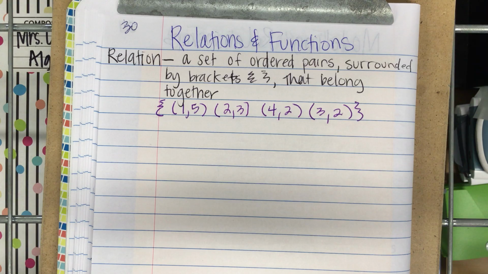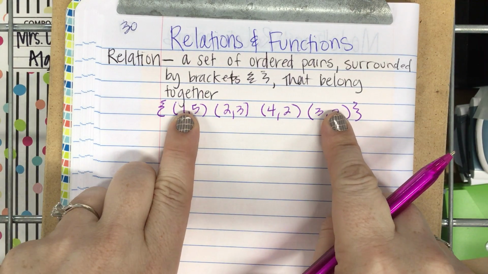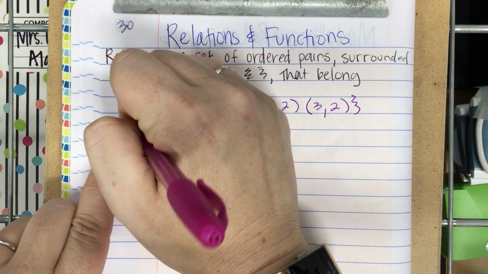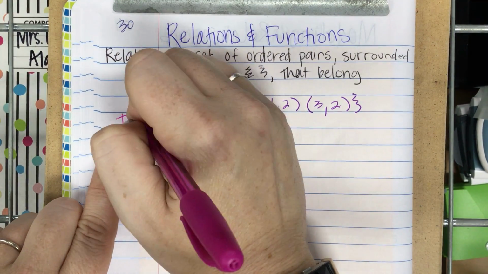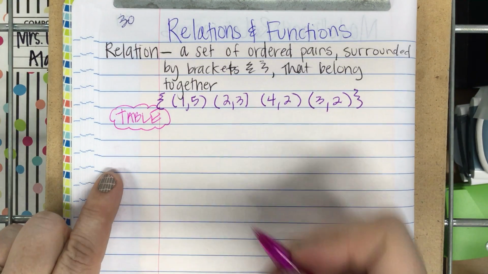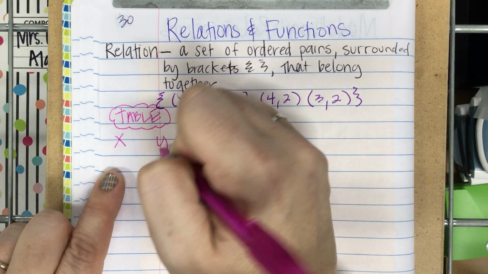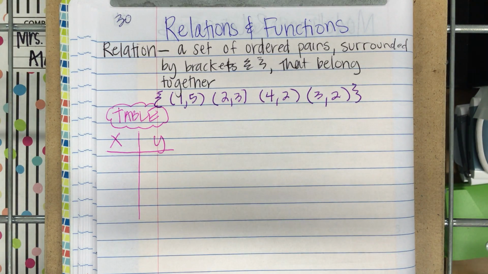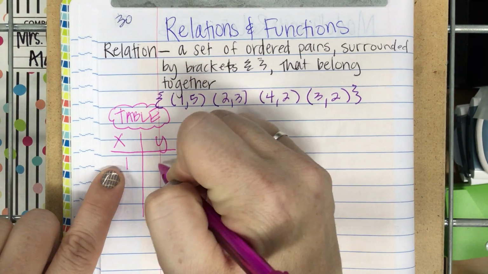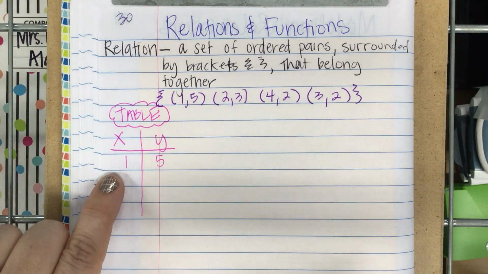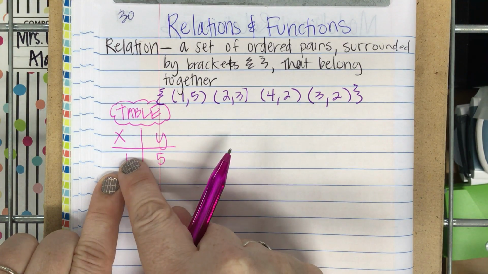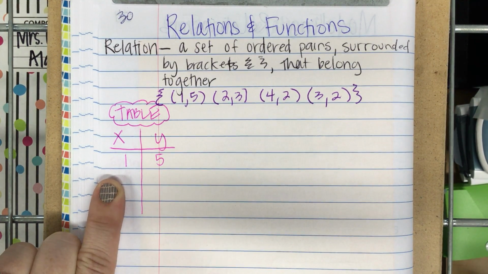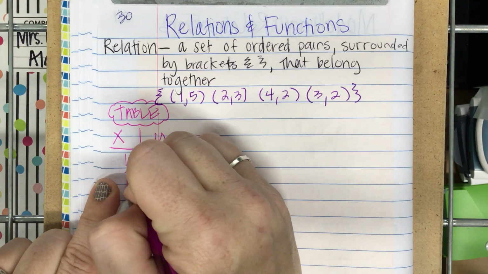I could write this relation, these 4 ordered pairs, as a table. In fact, you'd put x comma y. But the key is, when you create a table, your x values must be in order. So I'm going to write 1 and 5 first, because 1 is my smallest x value. Then what ordered pair is going to come next? 2 and 3.